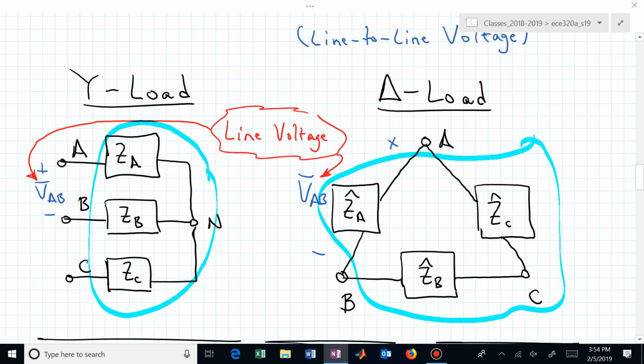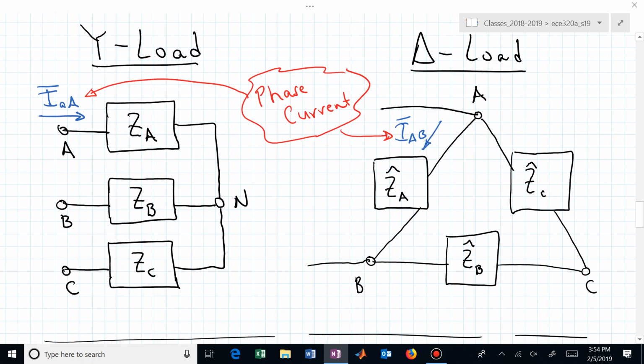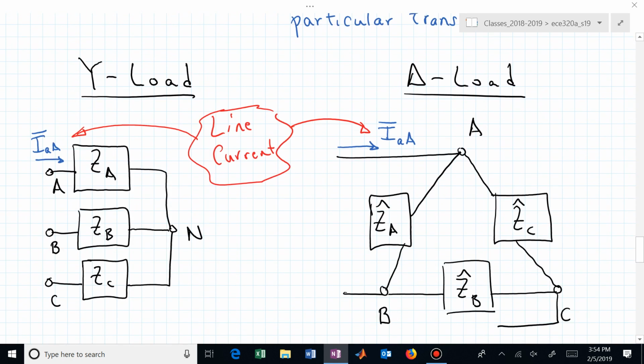What we will want to do, though, if somebody gives you a phase voltage in a Y configuration, is you may actually want to compute the line voltage or vice versa. And we'll find those relationships in just a minute. We'll see the connection between these different voltages in the Y configuration and the different currents in the delta configuration. How do we relate I sub AB with I sub AA?